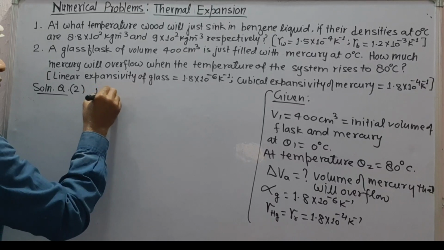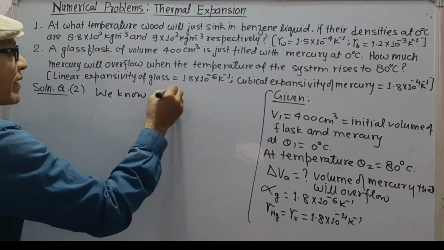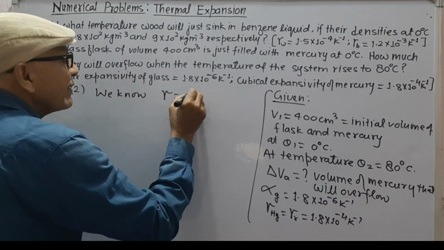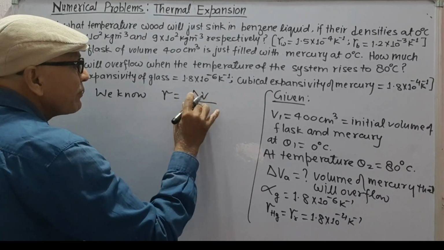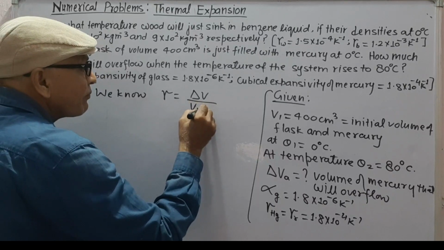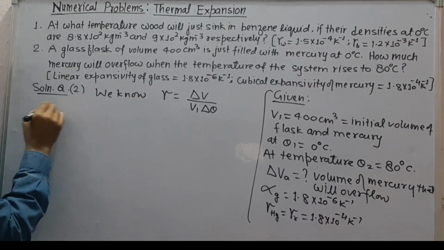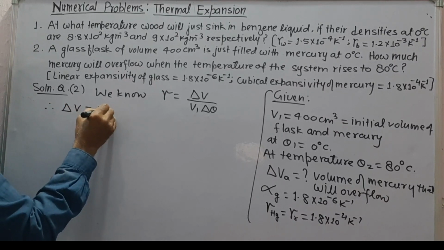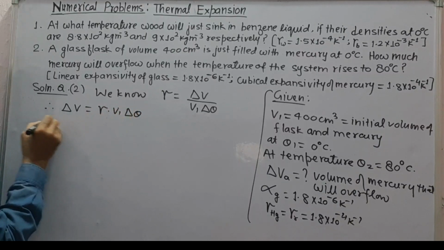We know gamma is cubical expansivity, change in volume per unit volume per unit change in temperature. Therefore, delta V will be equal to gamma V1 delta theta.